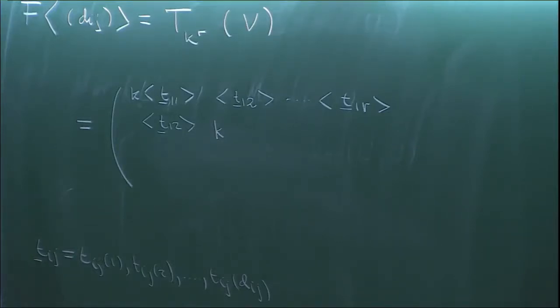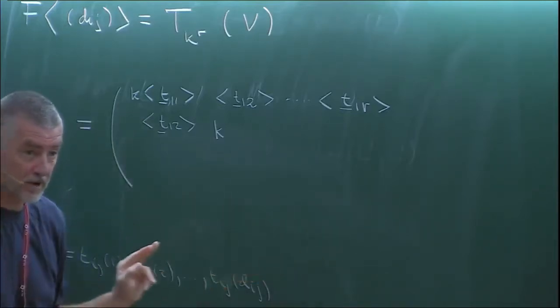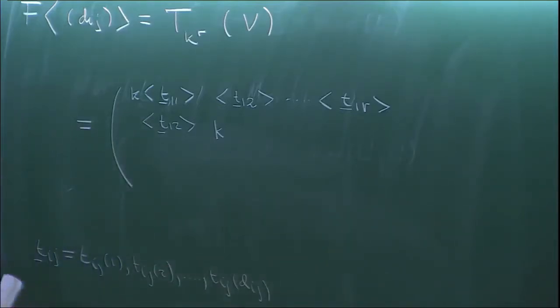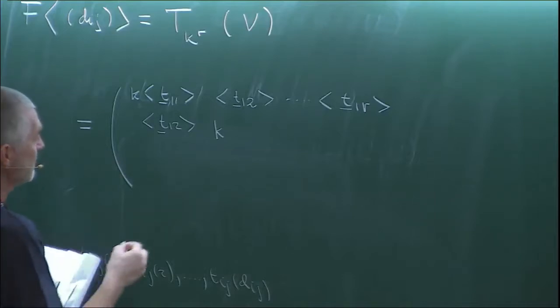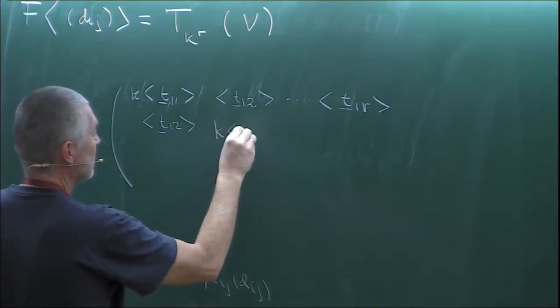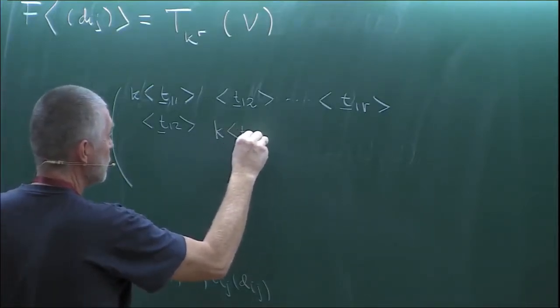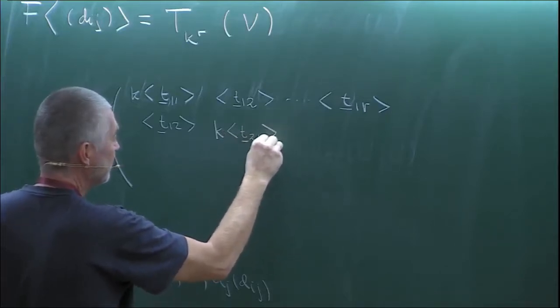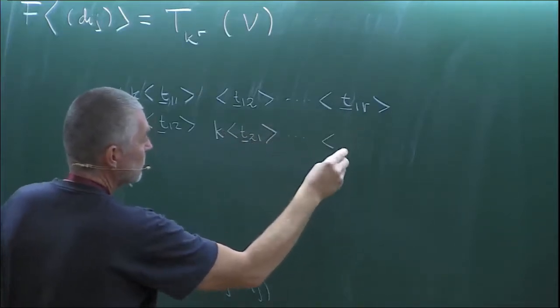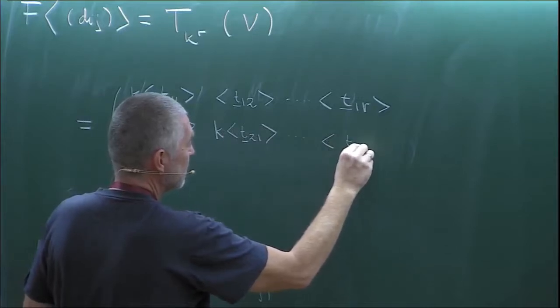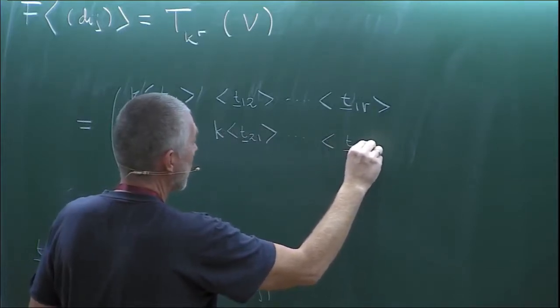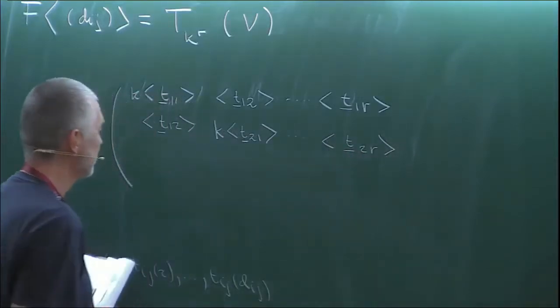because I multiply in this k. This k will be mapped to the diagonal when I'm mapping this in as k to the r algebras. So I have k, T21 bar up to T2r bar.